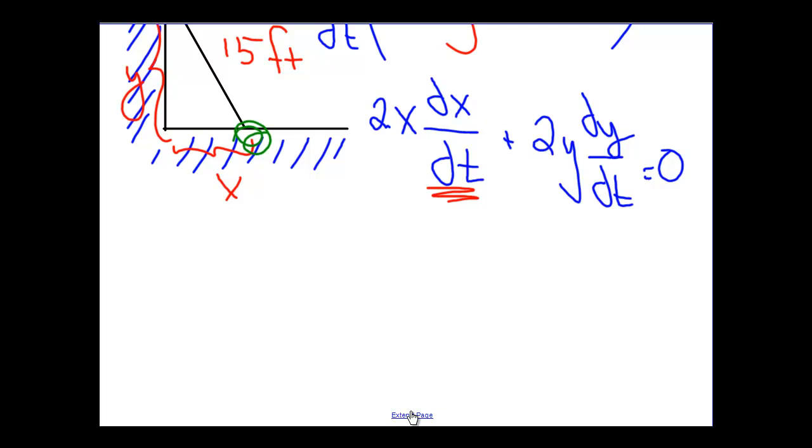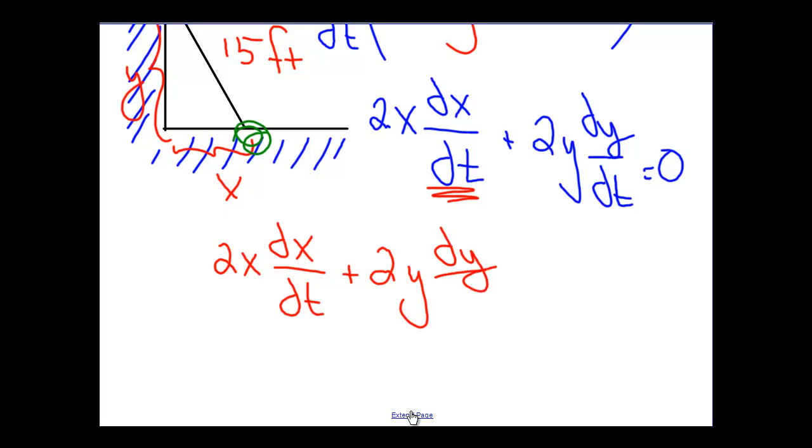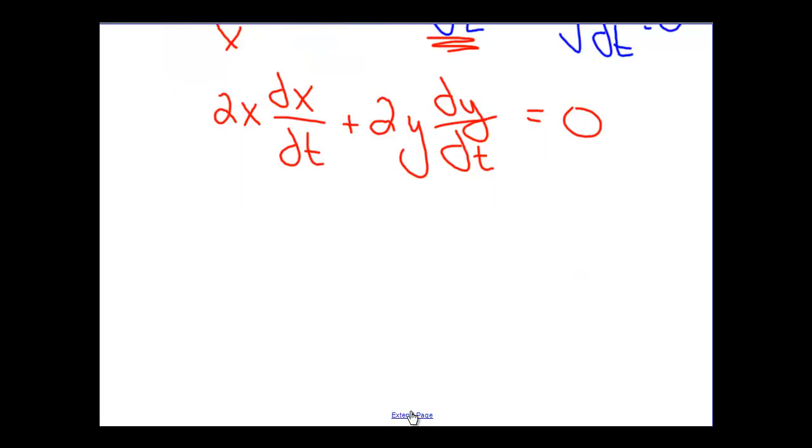That's speed. That's how fast this is moving. So let's take this expression, 2x dx/dt plus 2y dy/dt, and solve for dx/dt. Let's solve for the velocity of the bottom of the ladder.